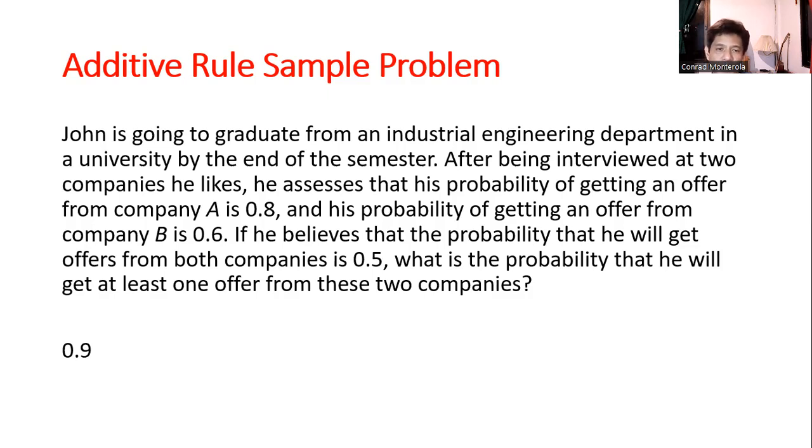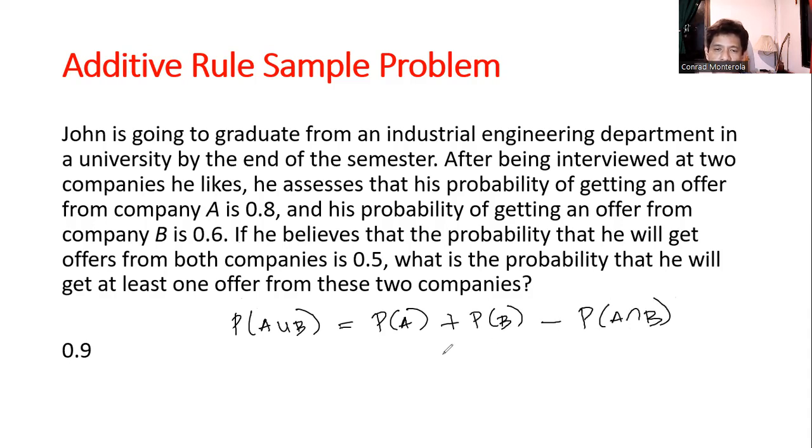So what is our formula when there is an intersection, given that their intersection is 0.5? Our formula for the probability of A union B, stated in the book as the additive rule, is the probability of A plus the probability of B minus the probability of A intersection B. The probability of A, getting accepted by company A, is 0.8.